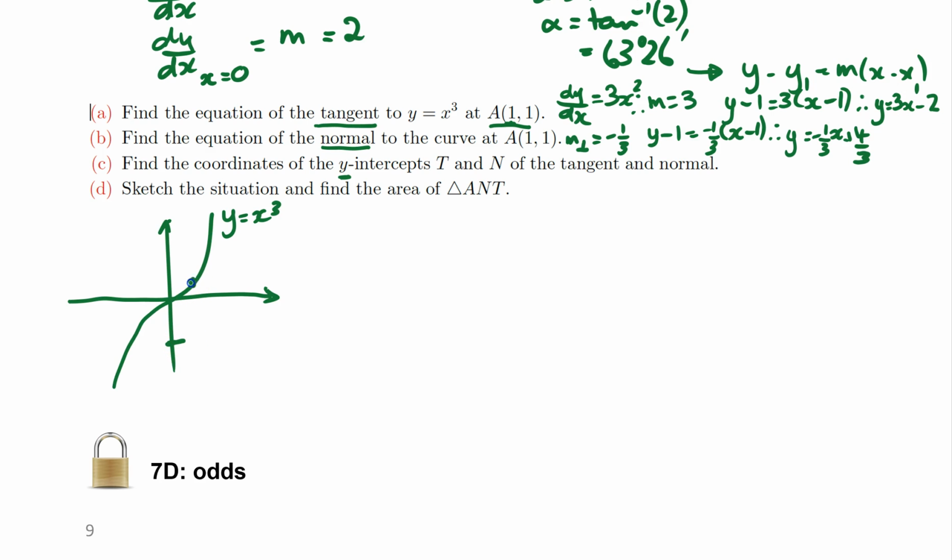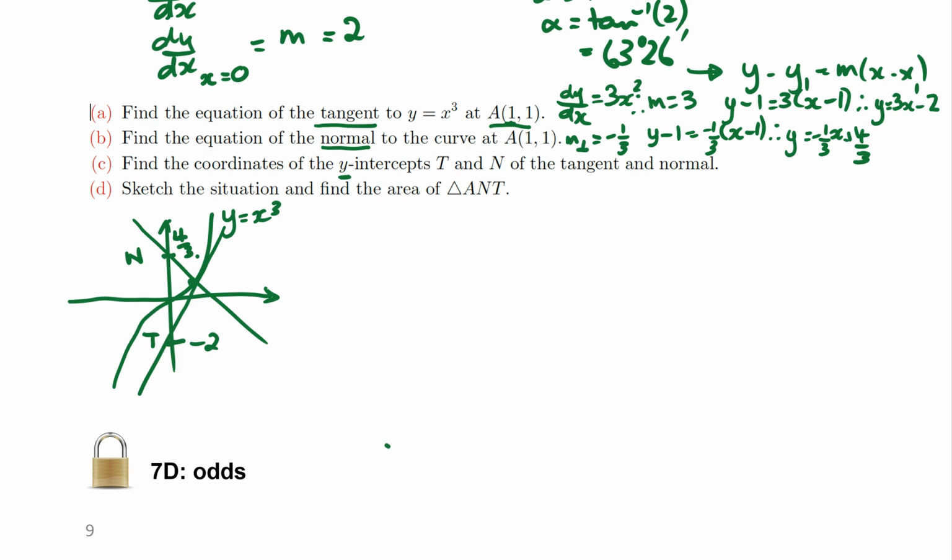So from the point (1, 1), there's my point (1, 1). My tangent, if you have a good imagination, goes like that. This was where y is minus 2 and this was T for tangent. This point just here. And my normal is sitting like this, and that point there, N for normal, was at plus 4/3 as we can see.